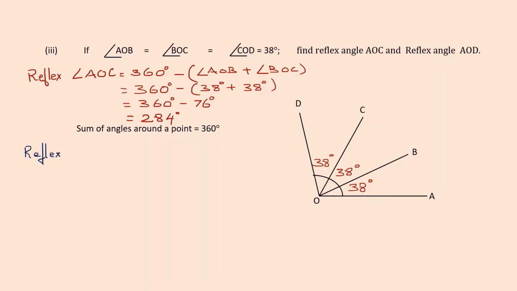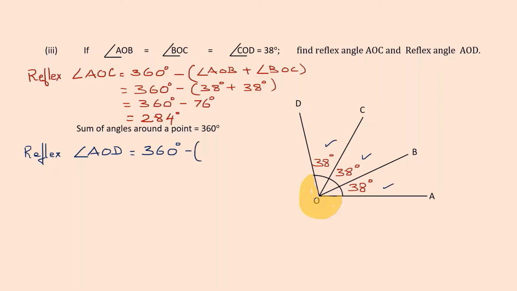Reflex angle AOD. Okay, now which one is that? Reflex angle AOD will be all the way starting from D going up to A on the other side. So this is reflex angle AOD and they're all angles around a point. So now to find reflex angle AOD, we have to take 360 degrees and from this we need to subtract 1, 2, 3 angles and then we will get the remaining.